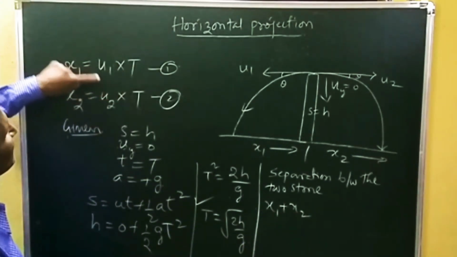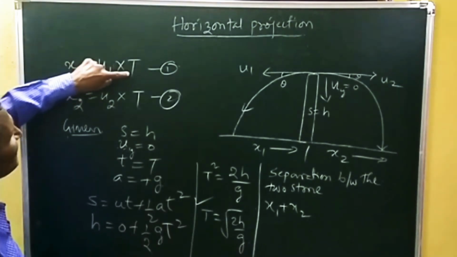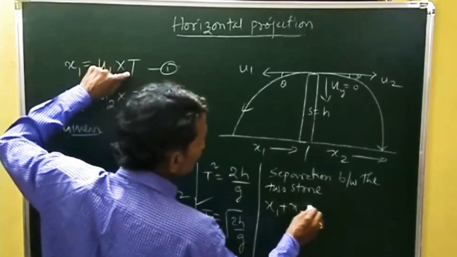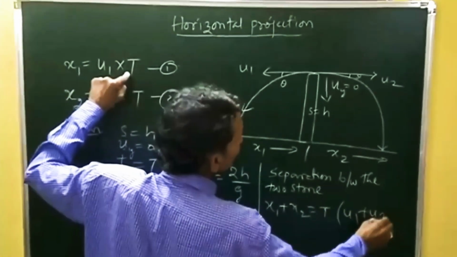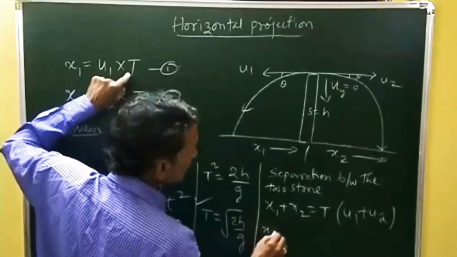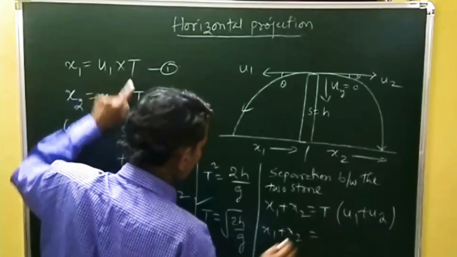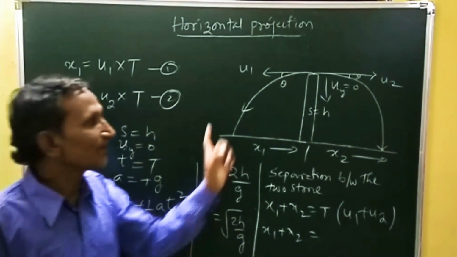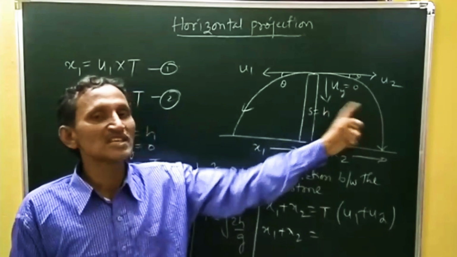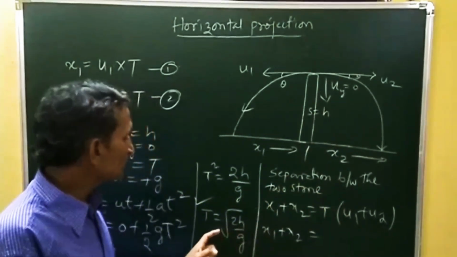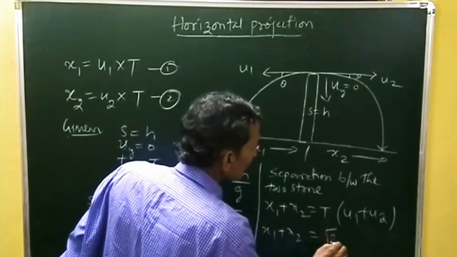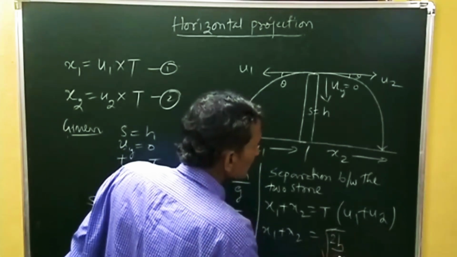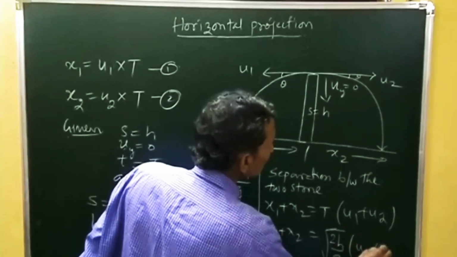T is common. So taking T common, x1 plus x2 is equal to T into u1 plus u2. And the time of flight for the two stones is the same, so T is equal to under root of 2h by g. Therefore, x1 plus x2 is equal to under root of 2h by g into u1 plus u2.